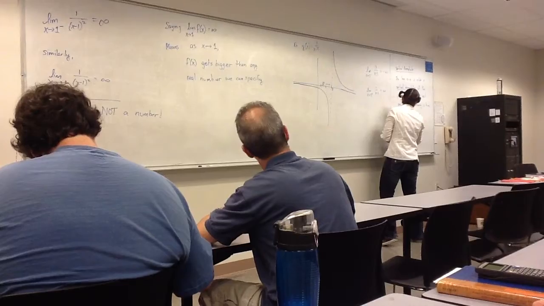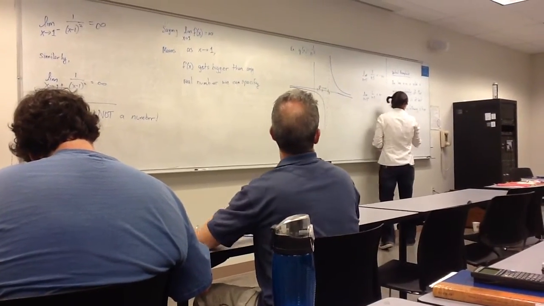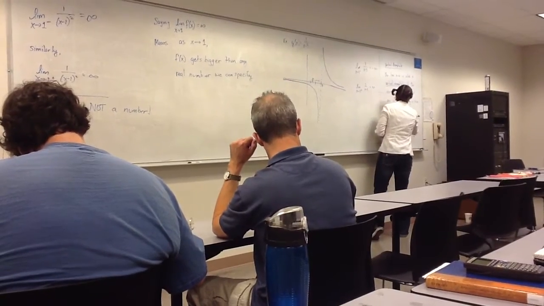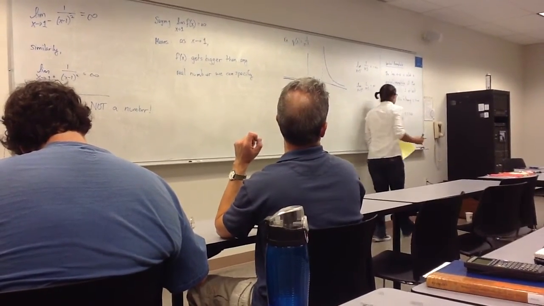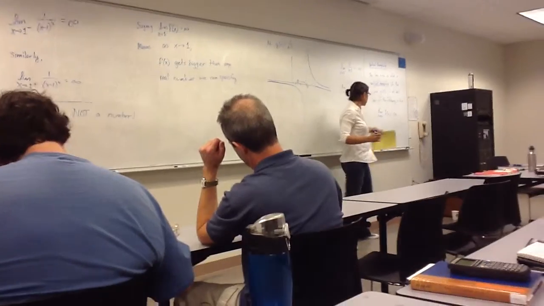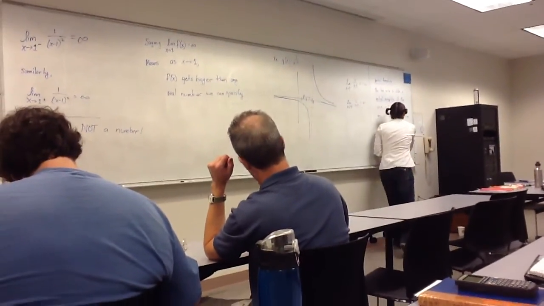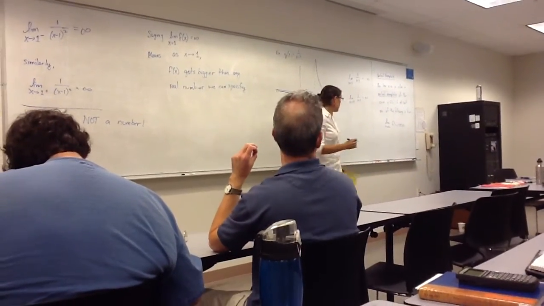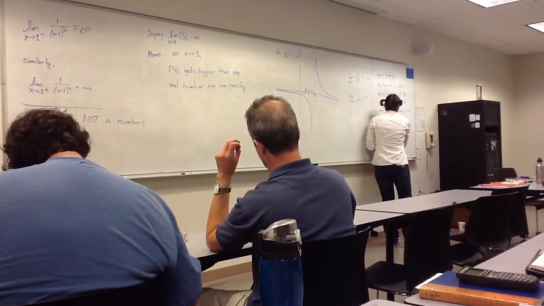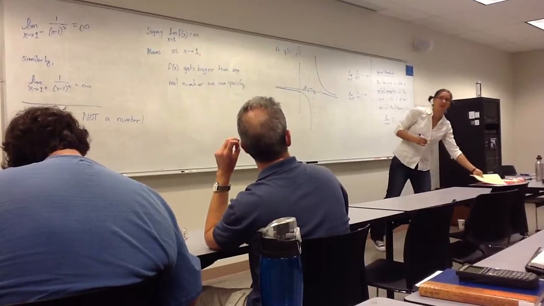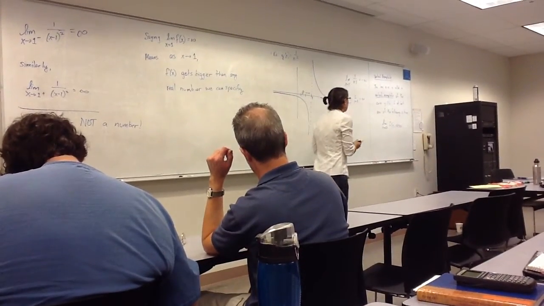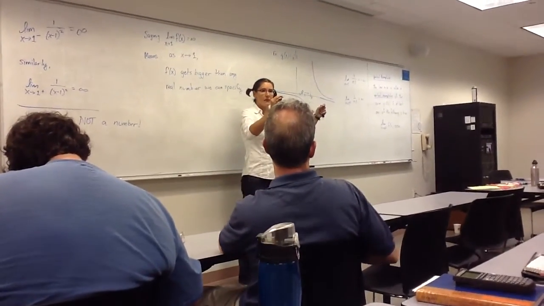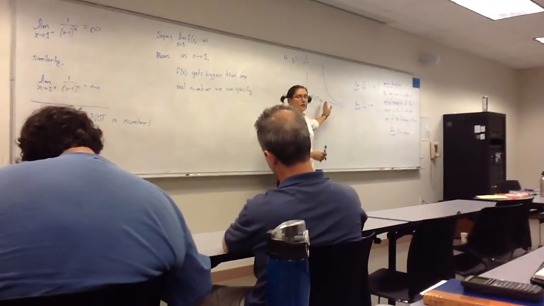Either the limit as x approaches a from the left of f of x is equal to infinity, or the limit as x approaches a from the left of f of x is equal to negative infinity, or the limit as x approaches a from the right of f of x is equal to plus or minus infinity.